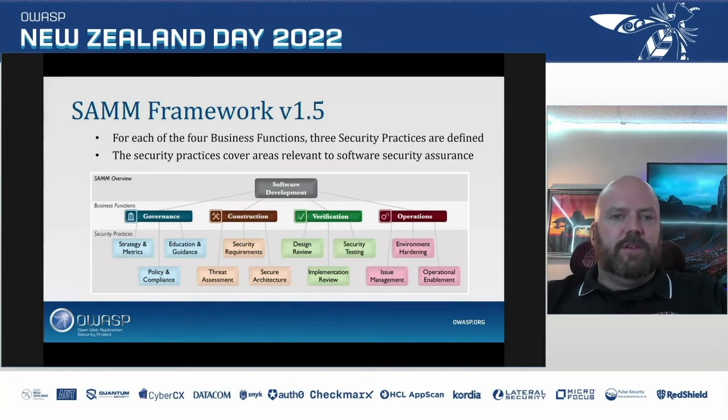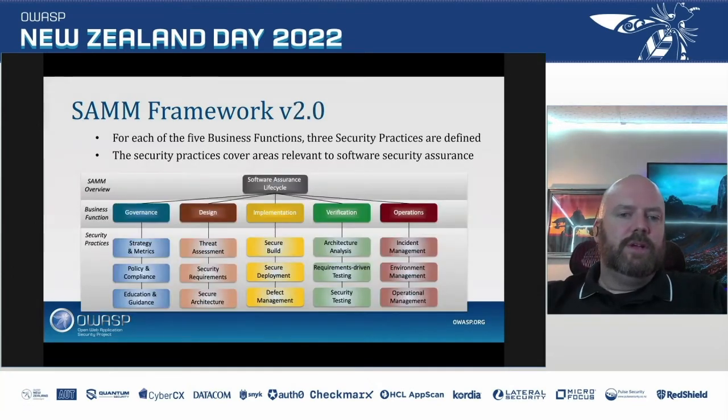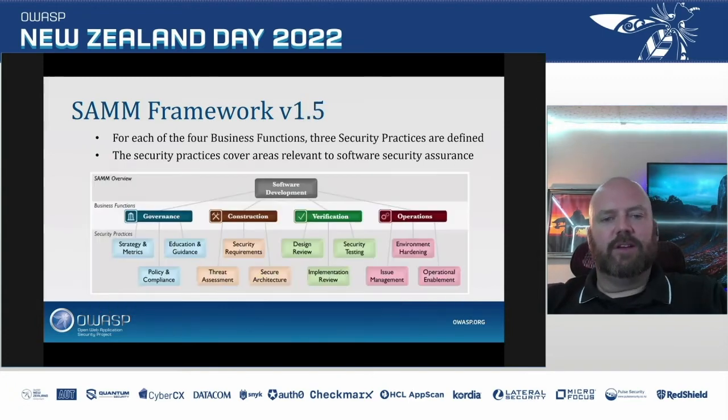We were also missing something. So in SAMM 2, we decided to break the model in a good way. We decided that we needed implementation. In SAMM 1.5, we had construction, but it really wasn't as much construction as it was design, because you have security requirements, architecture, and threat assessments or threat modeling, and then you just coded.